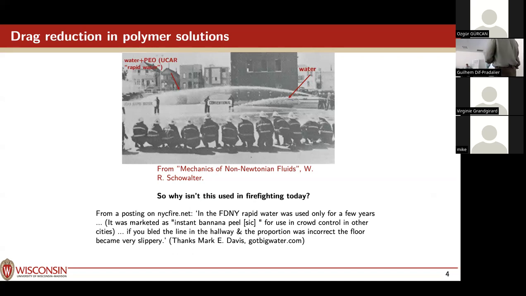If you bled the line in the hallway and the proportion was incorrect, the floor became very slippery. So this was actually hazardous to the firefighters, and so they didn't use it for firefighting. I never heard of this myself, but apparently there was some idea that you could use it for crowd control and make everybody slip and fall. I haven't actually heard that that's been done. But anyway, that's why it's not used in firefighting.